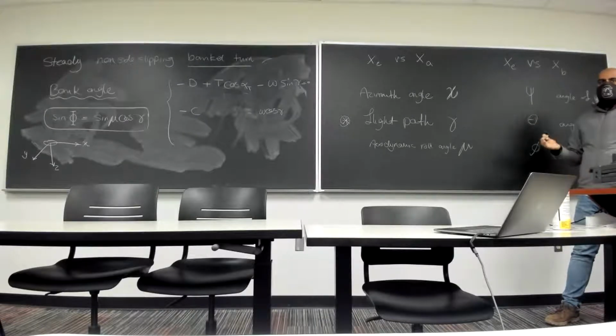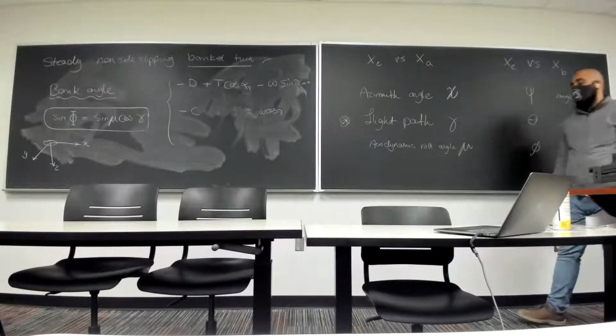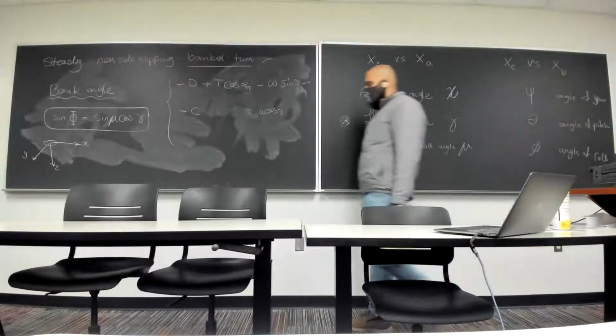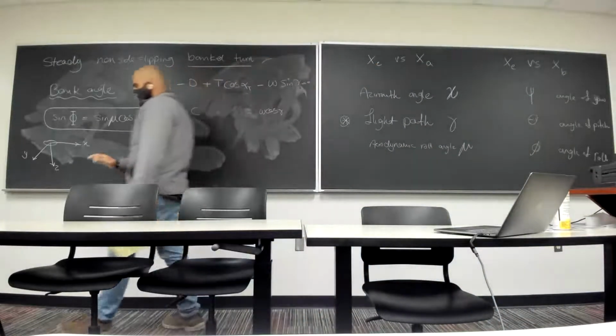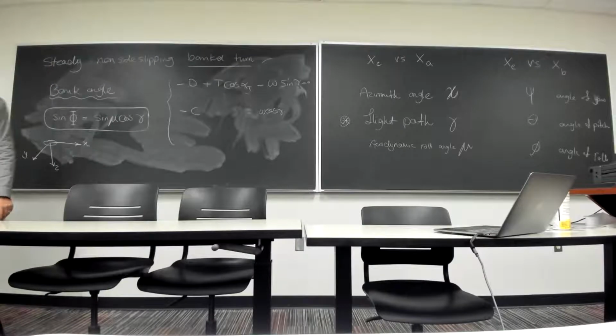So omega will change, and you will have components of weight in the direction of XA versus XE in that coordinate system. But XP is also different from XE, so weight is going to have a component in that direction as well.